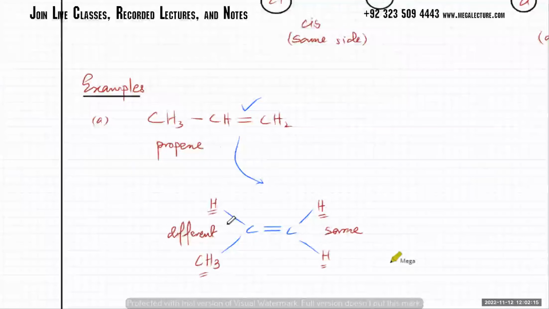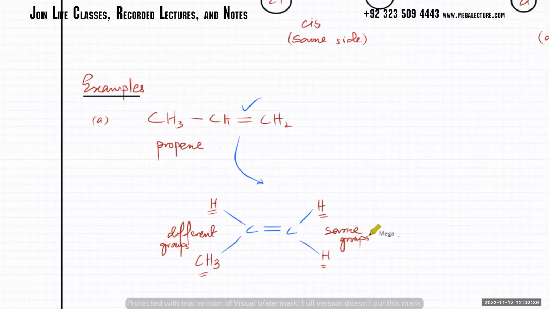So here you've got different groups, but there you have the same groups. So this side you have the same groups.